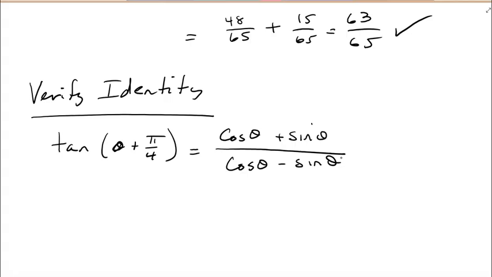So very often if you're asked to verify an identity and within parentheses you see angles being added together, that's kind of a key to tell you to go to one of those sum or difference formulas. So tan of theta plus pi over 4.